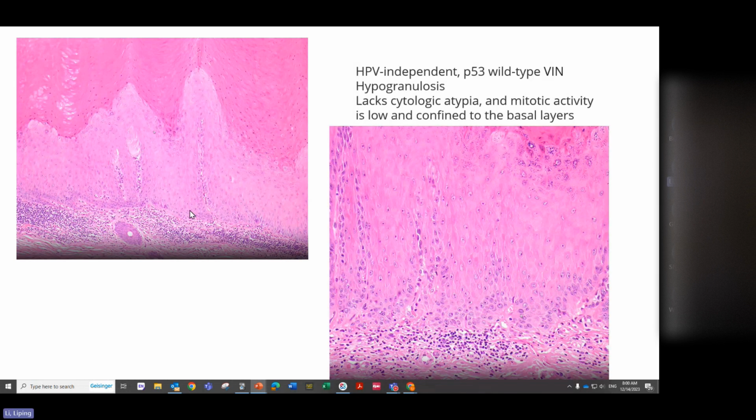Again, for this one, HPV-independent, P53 wild type, we could not see any atypia even in the basal cell layer. All the cells look the same and not really atypical. The feature we see is just thickening, hyperplasia of the epidermis, and even in high power the cells look not atypical.